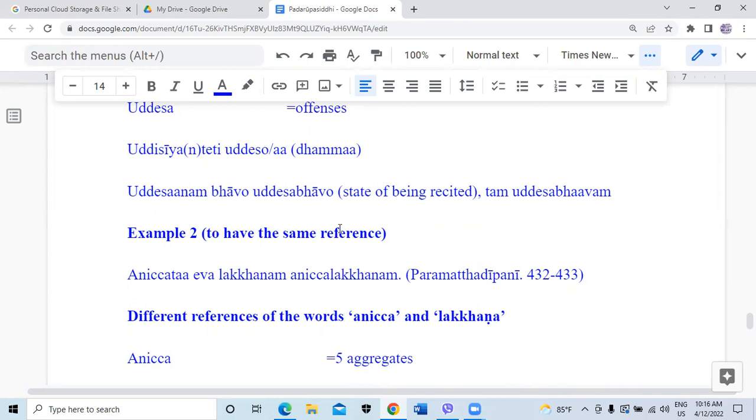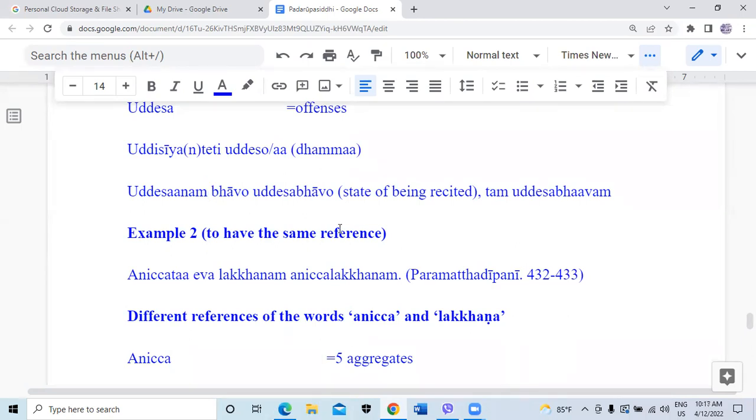Kriya. But how about if they refer? You see, the Udesa refers to that Dhamma. That still is action. What is done to Dhamma? Dhamma is recited. What is done to Dhamma? We recite.